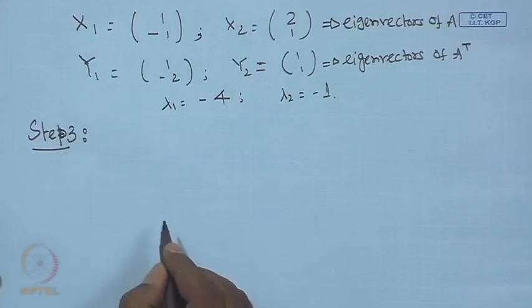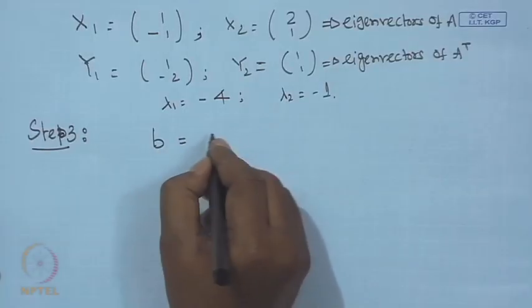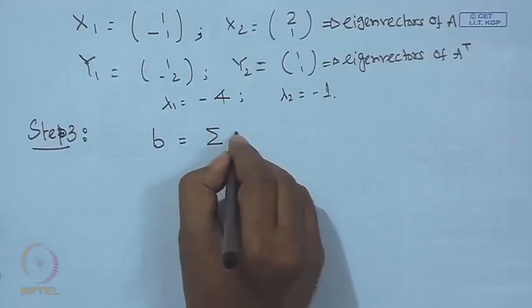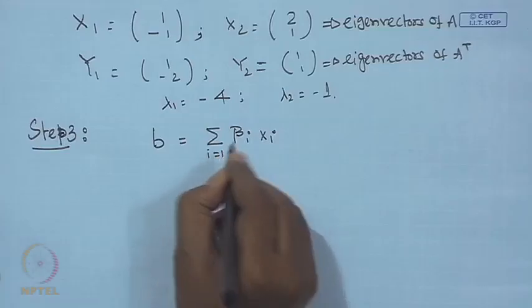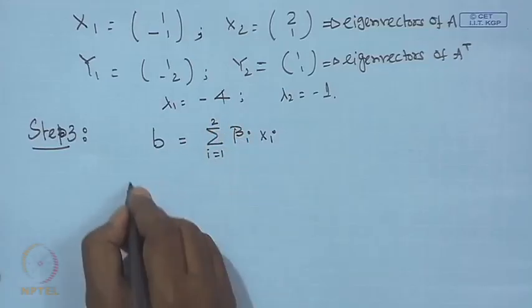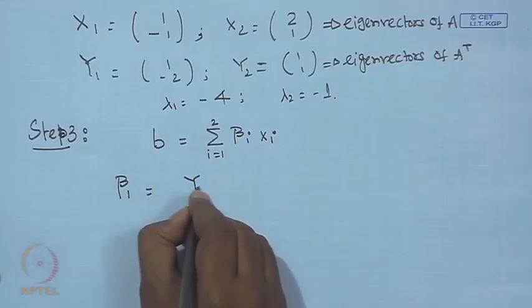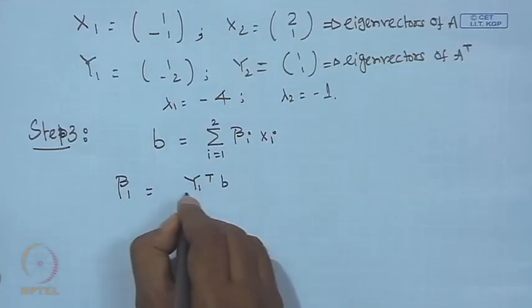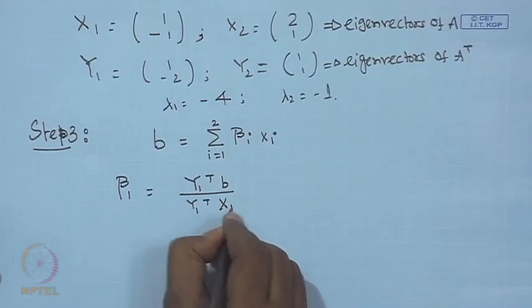Next step, that is step 3. We have already finished step 1 and step 2, that is the evaluation of eigenvectors of A and evaluation of eigenvectors of A transpose. So, next step is to get the solution of B is equal to summation beta i x i, and in this case i goes from 1 to 2. Beta 1, if you remember, is nothing but y 1 transpose B divided by y 1 transpose x 1.